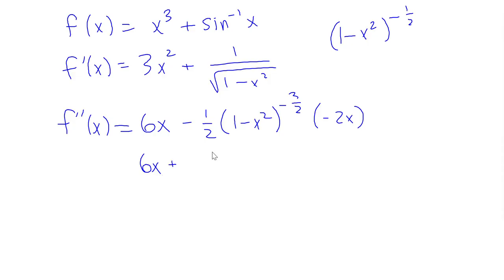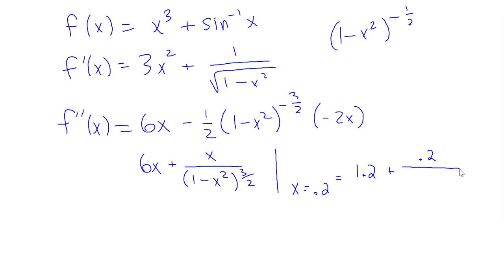We're just going to end up with a plus x over 1 minus x squared to the 3/2. And if we evaluate this when x is equal to 0.2, we end up with 1.2 plus 0.2 over 1 minus 0.2 squared to the 3/2.